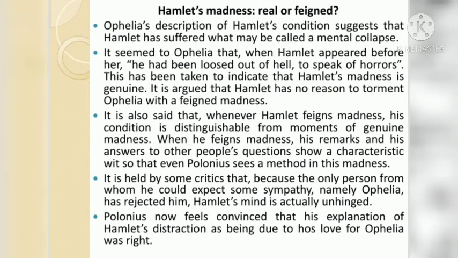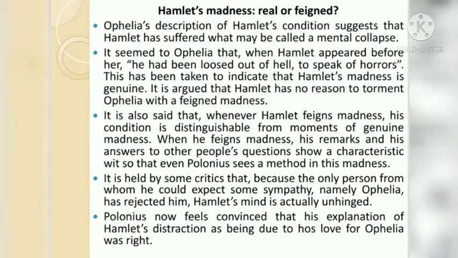But as the plot progresses, some critics state that when Ophelia rejected him, Hamlet had really gone mad. His mind is actually unhinged after Ophelia stopped responding to his love.